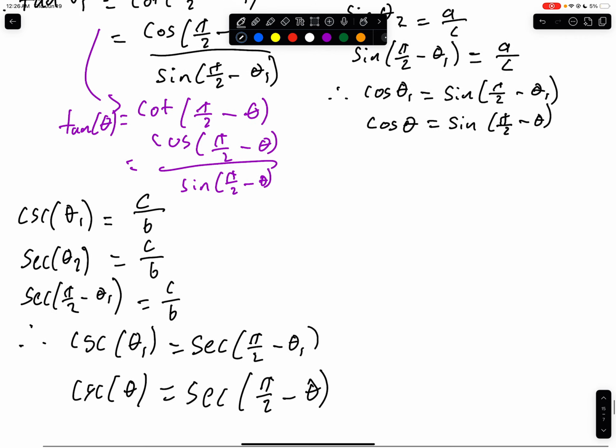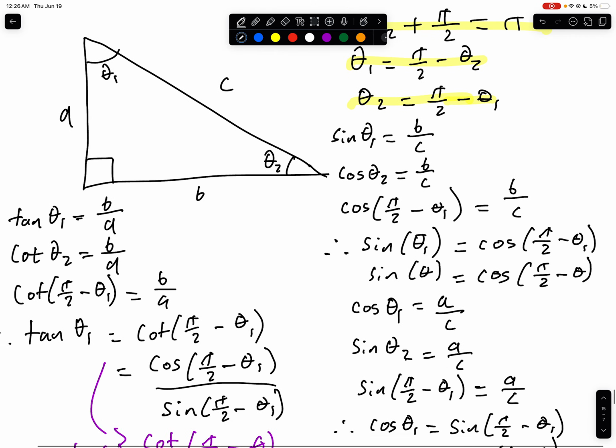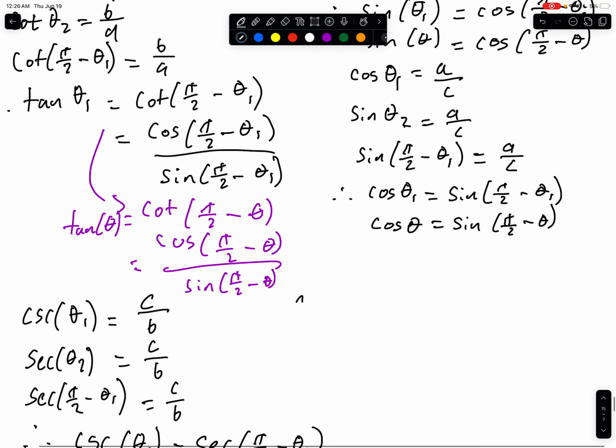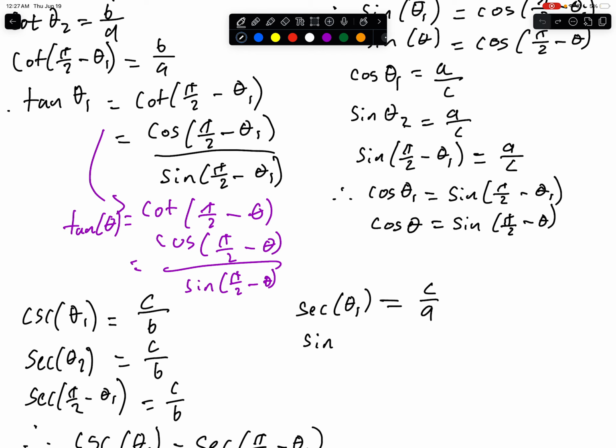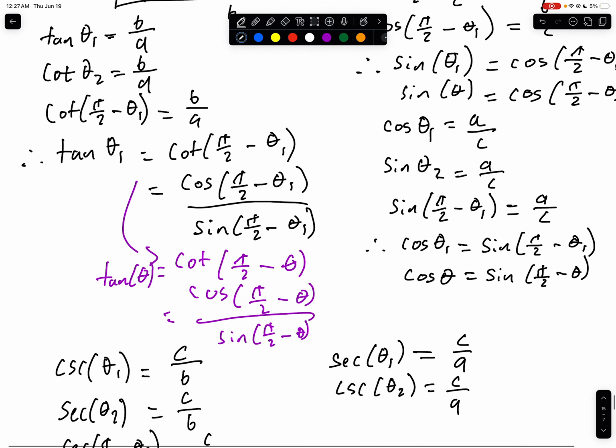Okay, let's see here. I'm just reversing what we did with these earlier proofs. So I can say that if secant of theta 1 is just C over A, then cosecant of theta 2 is just also C over A. And remember, theta 2 is pi over 2 minus theta 1.